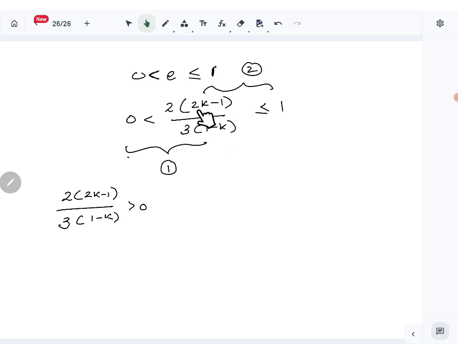If k is greater than 1, this term becomes negative. Then use the number line and mark the critical values half and 1.